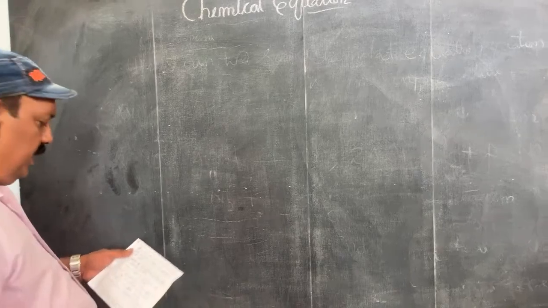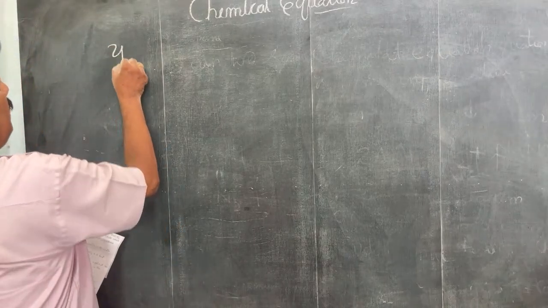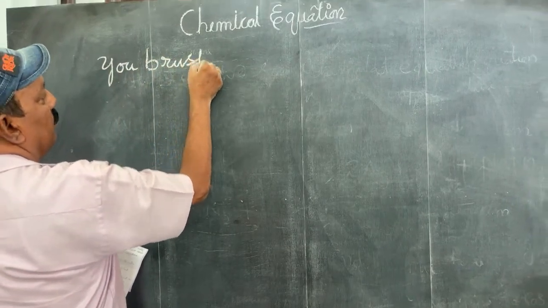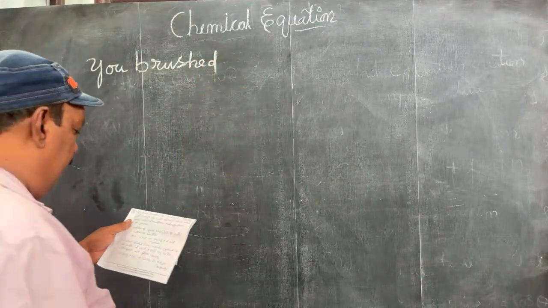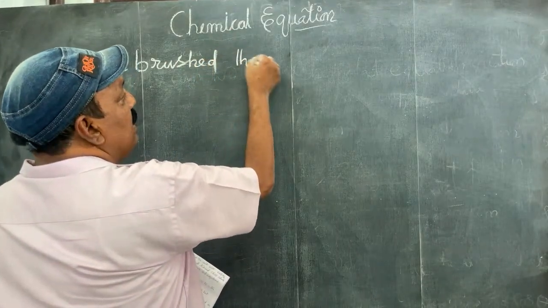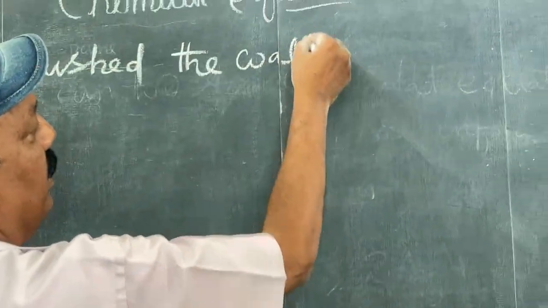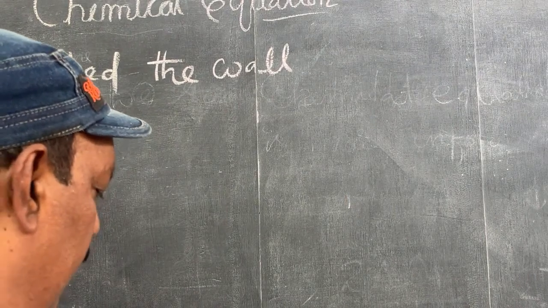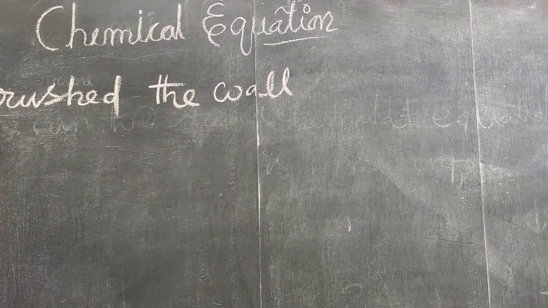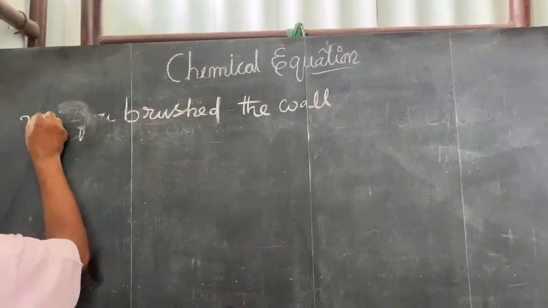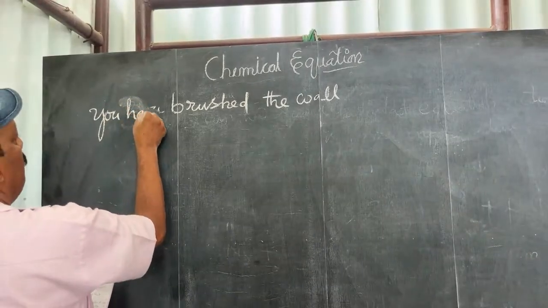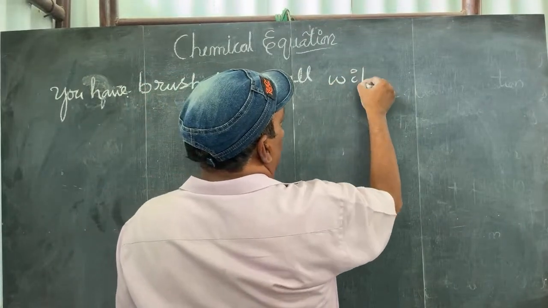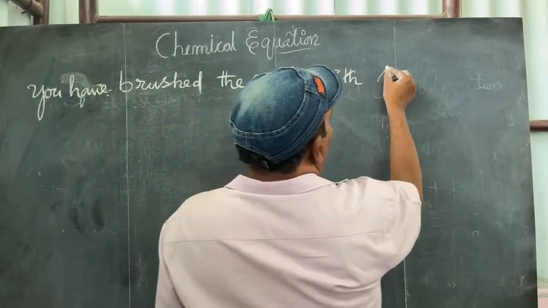The next is a very interesting topic. Note down clearly. You have brushed the wall. That means some function is going on in your house. Then you want to whitewash your walls and the total building. That one I am explaining here. You have brushed the wall with slaked lime.